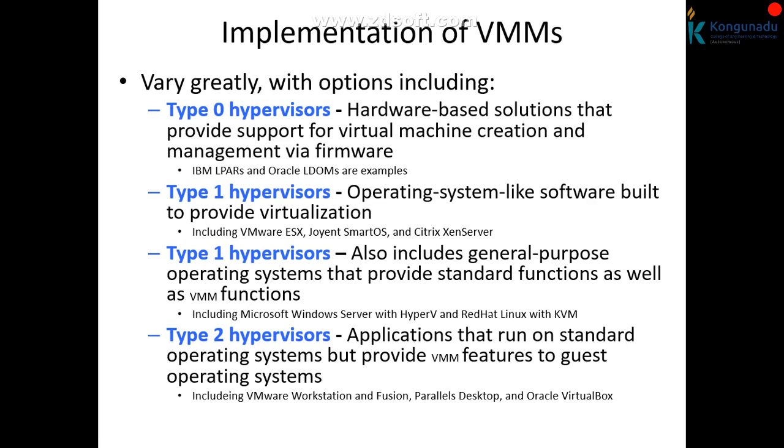Next, type 2 hypervisors are applications that run on standard operating systems but provide virtual machine monitor features to host operating systems. They include VMware Workstation and Fusion, Parallels Desktop, and Oracle VirtualBox.